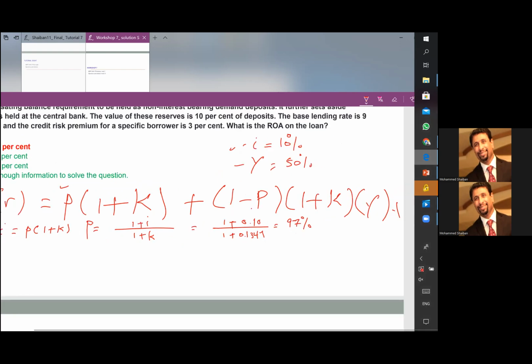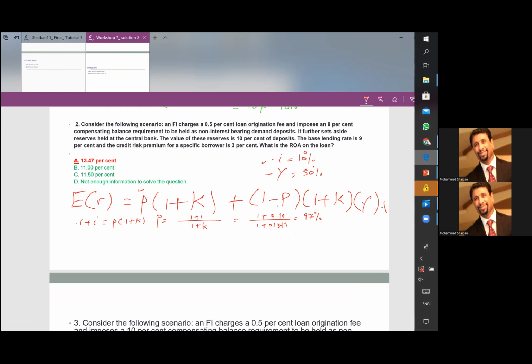Now, if I know the probability of payment, I can get the expected return. The question here, if I give you this information, is: what is the expected return?